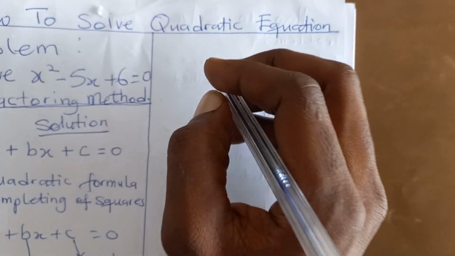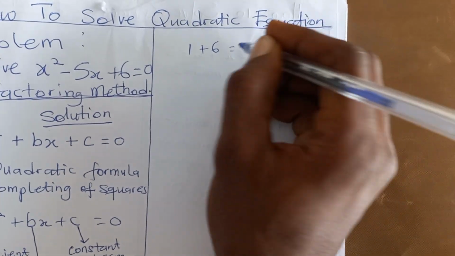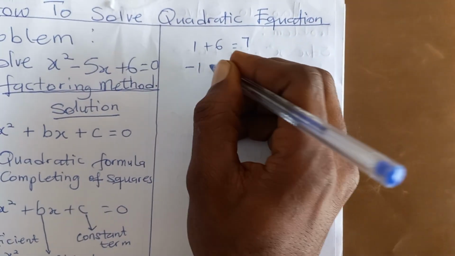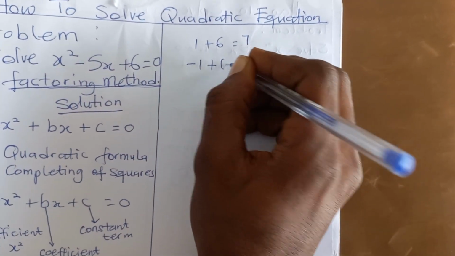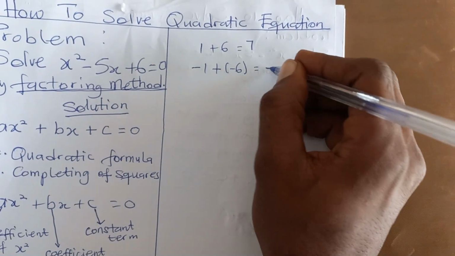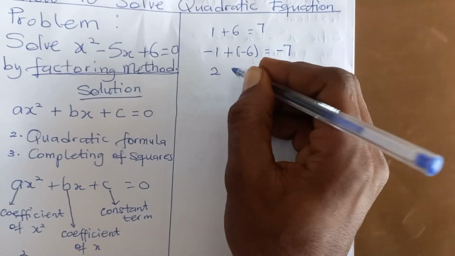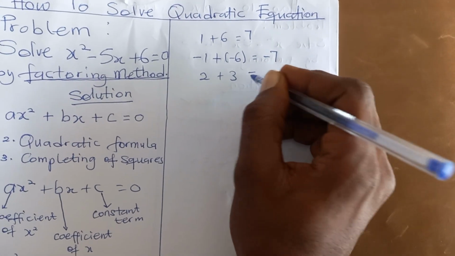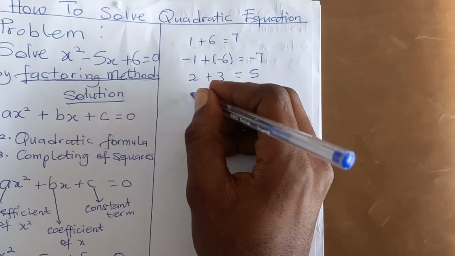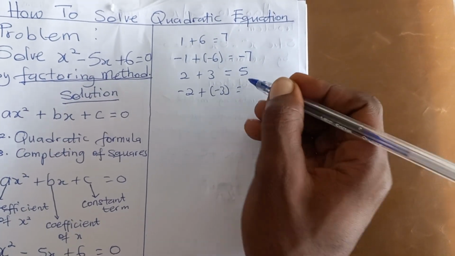So let's start from the very beginning. 1 plus 6 gives us what? That is 7. Negative 1 plus negative 6, we are getting negative 7. 2 plus 3, we are getting what? 5. Negative 2 plus negative 3, we are getting what?